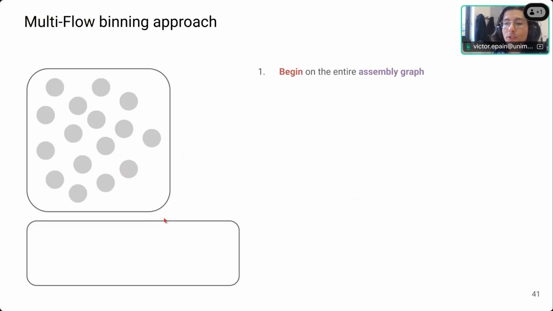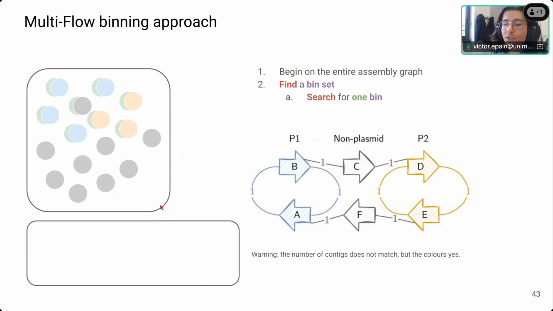The multi-flow binning approach. So what will happen compared to the iterative approach? First, begin with the entire assembly graph. Then we first find one bin. You will say, okay, you fall into the same problems as before. Yes, let's continue. I'm saying now I want to search for two bins.